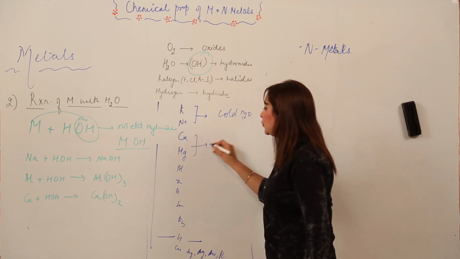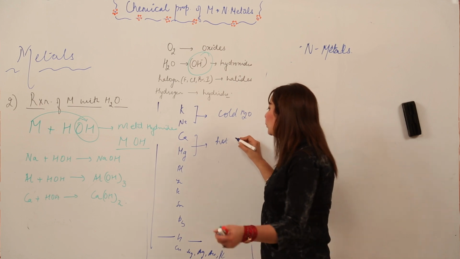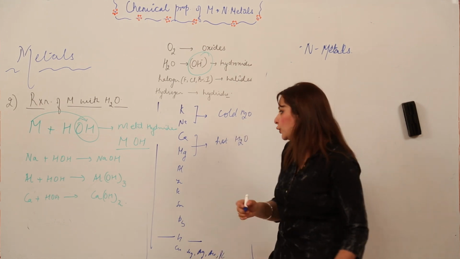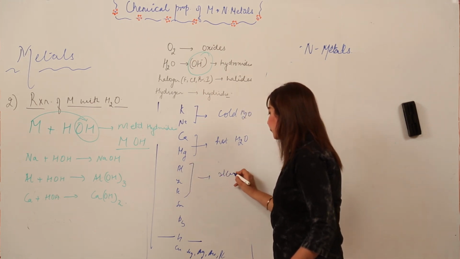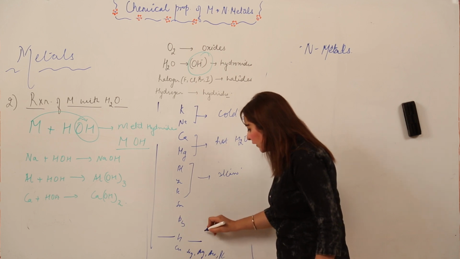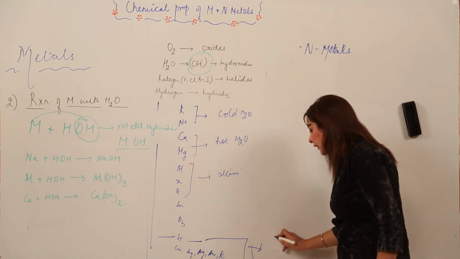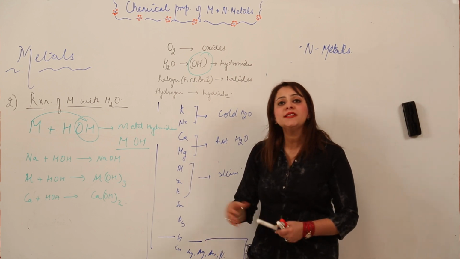Calcium and magnesium react on heating, that is, they react with boiling water or hot water. Aluminium, iron and zinc react with steam. And the metals placed below hydrogen do not react with water in any case. Now, what is the reason for that?